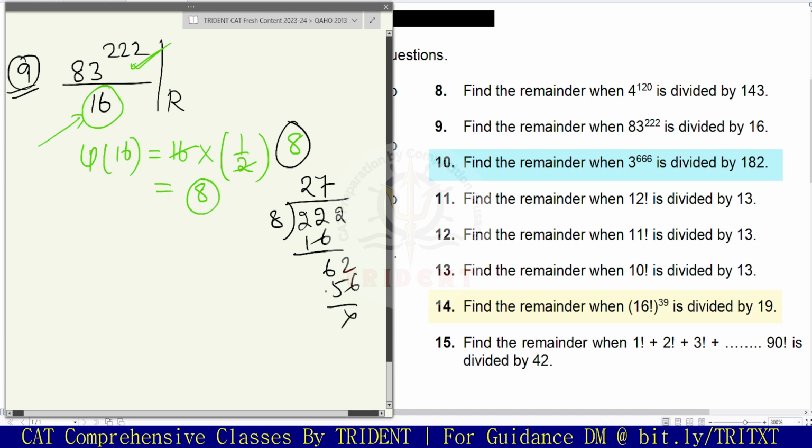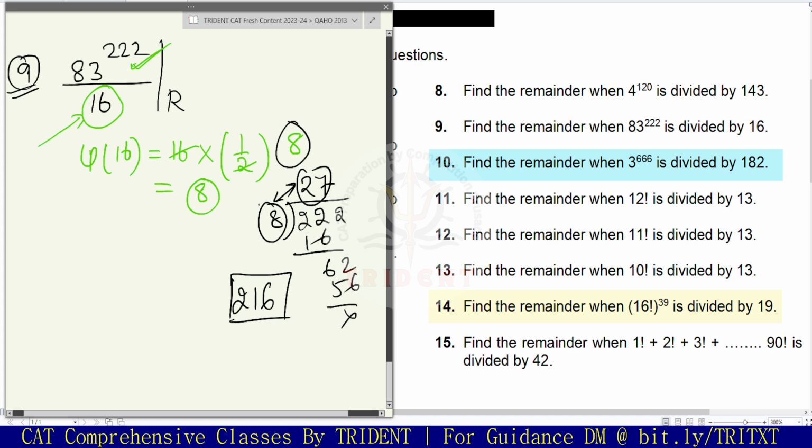Now at this point I don't care what remainder comes in. What I am interested in is the multiplication of these two numbers, 8 into 27. I know 8 into 7 is 56, 16 plus 5 is 21, so 216. So if you realize, I can raise 8 all the way till 216, but not beyond that.